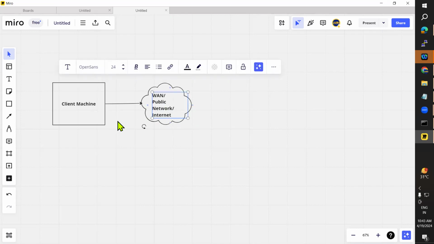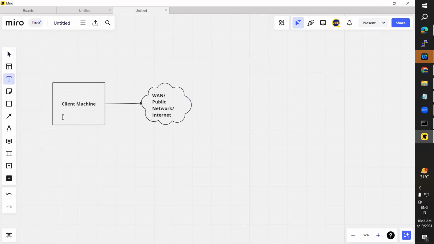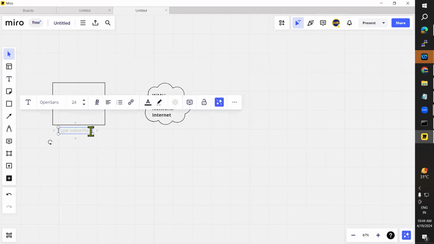Okay. So if the client machine wants to communicate with the internet, the public network, then what should the client machine have? Primarily a NIC card, right? And on the NIC card, we need an IP address.